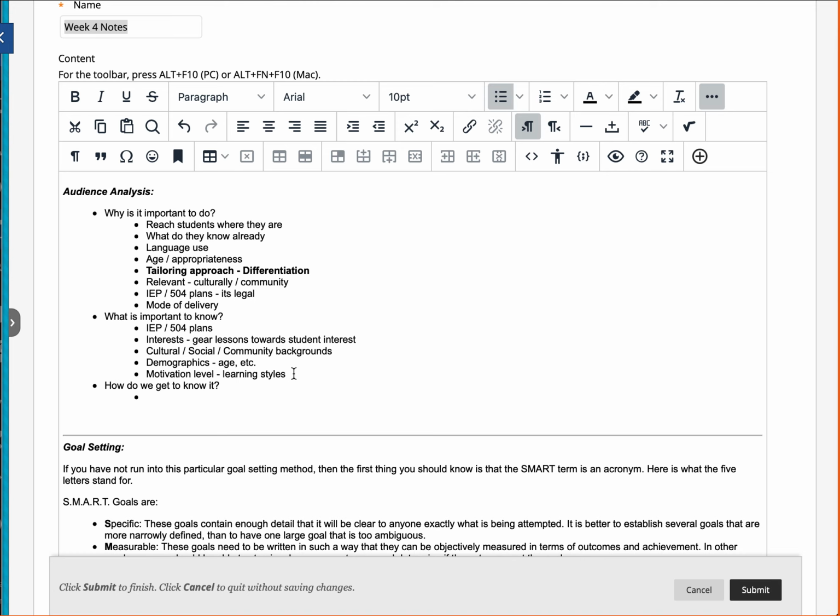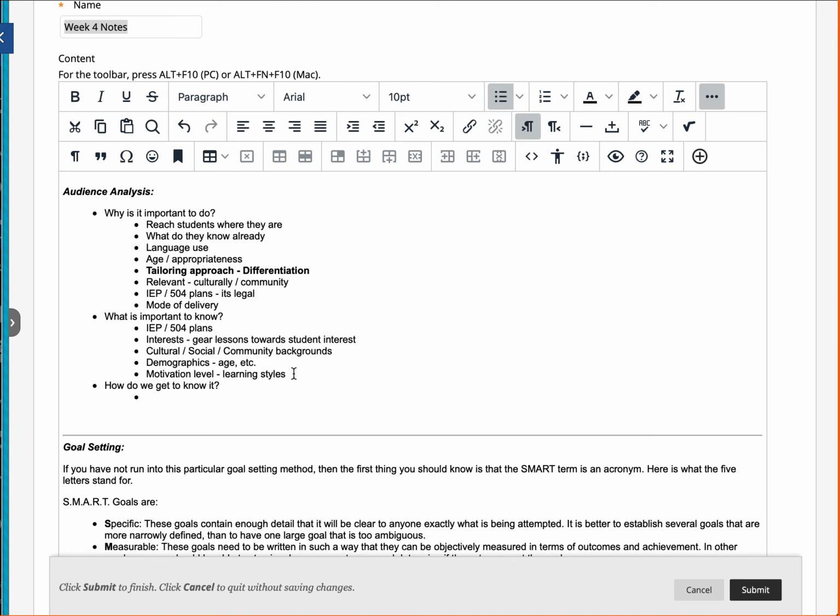You're probably going to run into one of two situations depending on what you've picked as your topic and what your current situation is, because I know some of you are teachers, some of you are not teachers, and so on. But if you have an existing student audience that you would like to use as your model for this project, then absolutely you can do that.